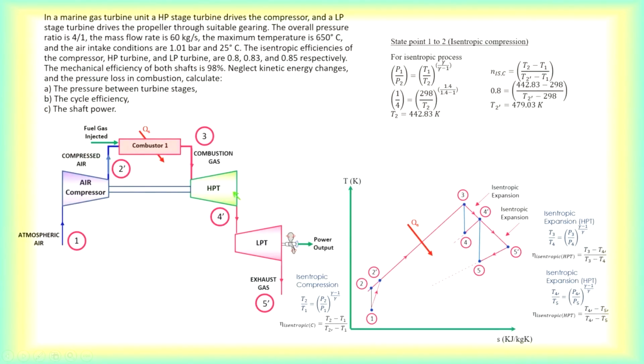There is no other device that it is driving for the HPT unless it's stated in the question. The question says the low pressure turbine drives the propeller, which means that is at this part here, not here. So this is the HPT. Taking the work out of the HPT multiplied by mechanical efficiency is equal to the work in of the compressor.